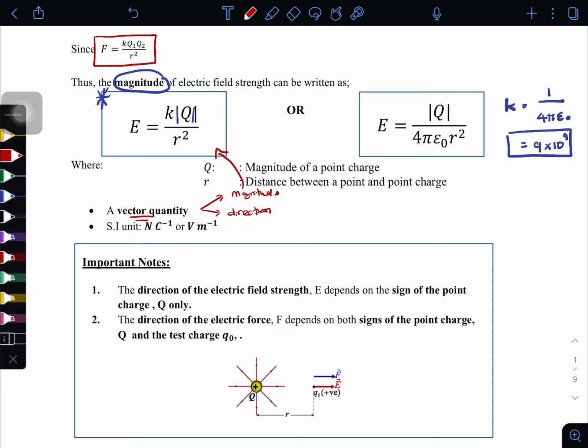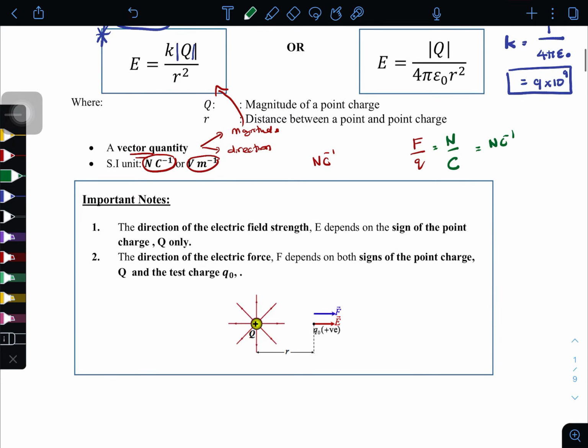The unit for the electric field is newton per coulomb or volt per meter. Usually we use newton per coulomb because it is force per unit charge. The unit for force is newton, the unit for charge is coulomb. So newton per coulomb. Important note here: the direction of the electric field strength depends on the sign of the point charge only.